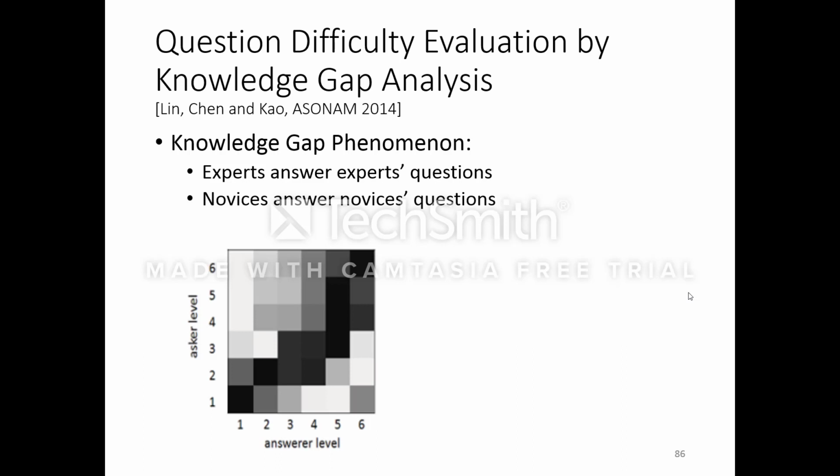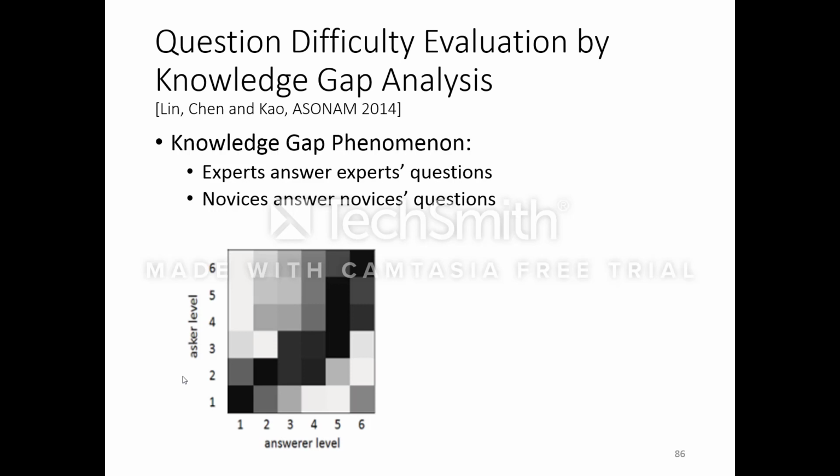So if you plot the question asker expertise and the answerer expertise, each of these cells is about the number of questions asked by a person of expertise 2 and answered by a person of expertise 1. That gives you the shading. The deeper the shade, the more question answer pairs fall within that combination.